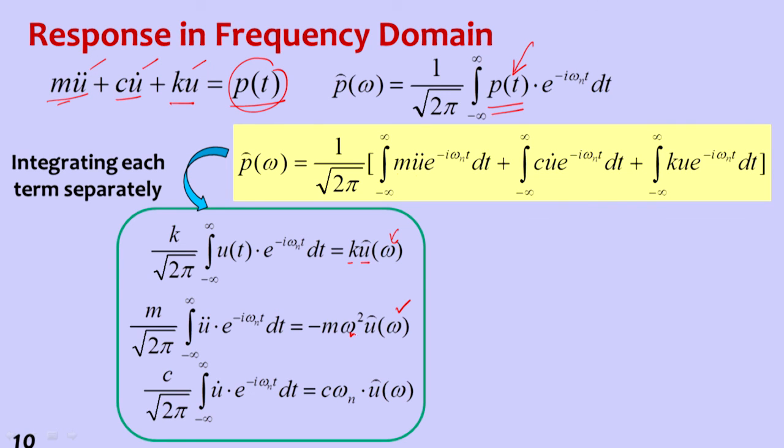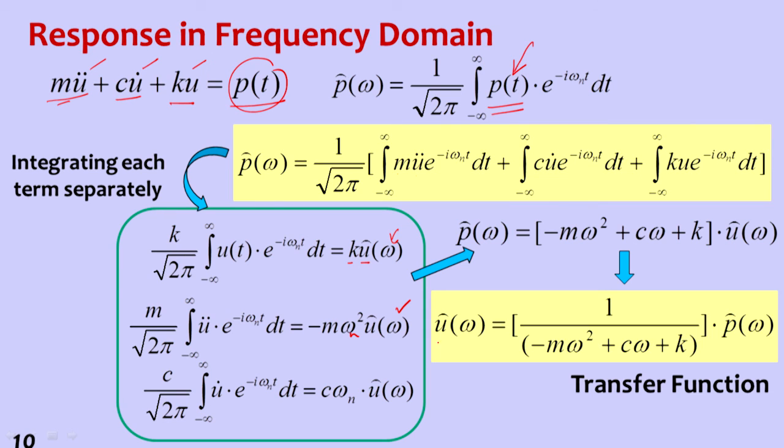So this is also omega n. And then if we combine all these three things into the equation, that is p cap omega is equal to minus m omega n square plus i c omega n plus k, multiplied by u cap omega. So from this we can get the response in frequency domain by giving input in frequency domain.